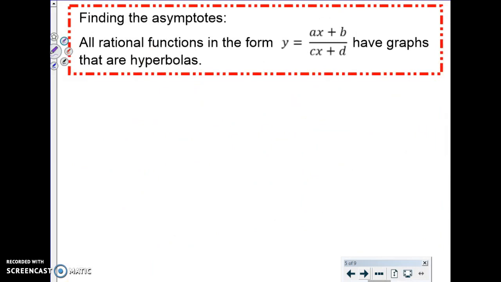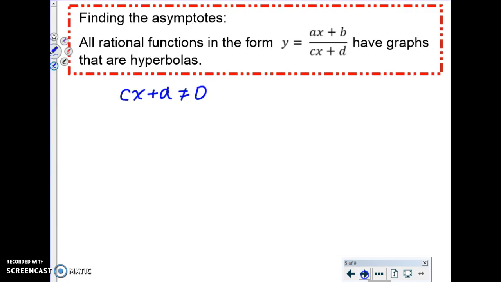Alright, so now we're going to get into something a little more heavy. If I give you any rational function where there's a linear on top and a linear on the bottom, again, these are all graphs that are hyperbolas, and we can very easily find the asymptotes by doing this. You ready? So we know the denominator cannot equal 0, right?